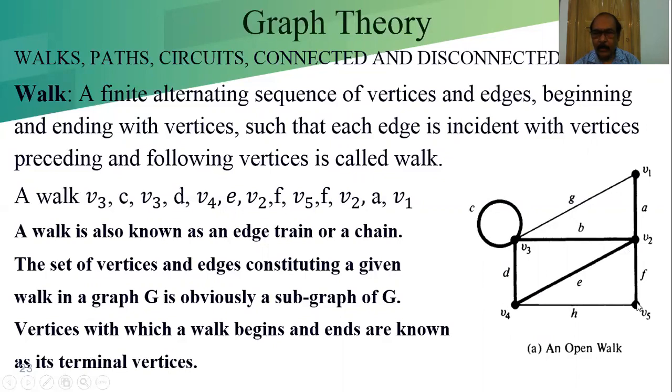This is also another walk. If we start from V5: A, V2, E, V4, D, V3, C, V3, B, V2, V1. This is also another one. V1, G, V3, D, V4, E, V2, F, V5.